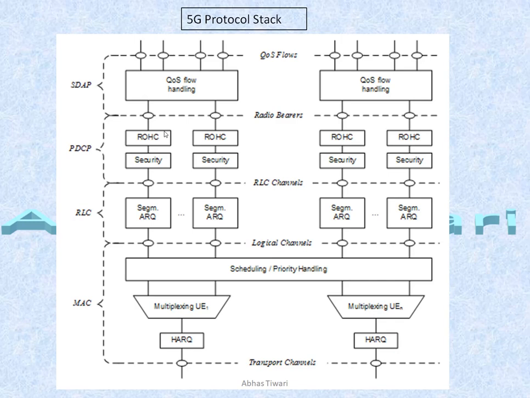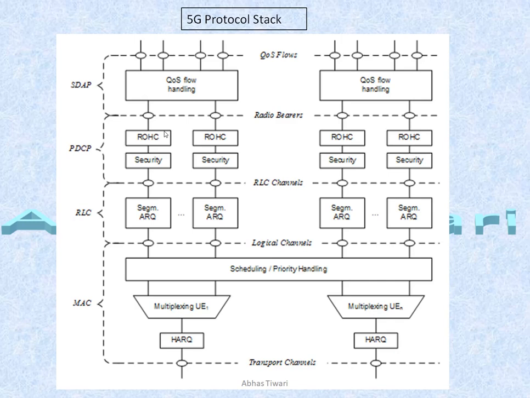Now about the MAC layer, the lowest layer in this picture. The MAC layer is responsible for multiplexing and demultiplexing, HARQ and priority handling. HARQ is for error correction, and scheduling and priority handling are done by MAC. Most of these things are also present in LTE.